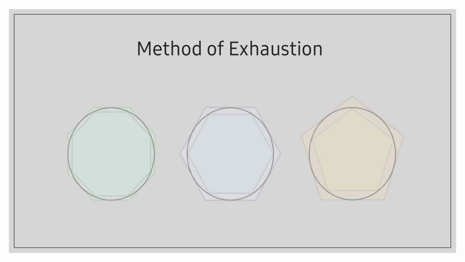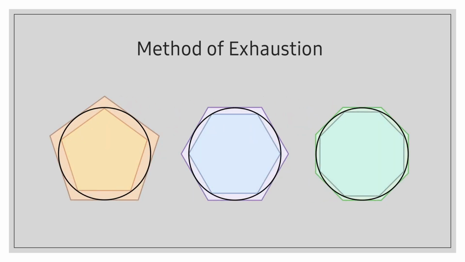Initially, the Greeks attempted to find the area of a semicircle or circular region using the method of exhaustion. Here you can see a circle. To find the area of the circle, they inscribed known polygons inside the circle.